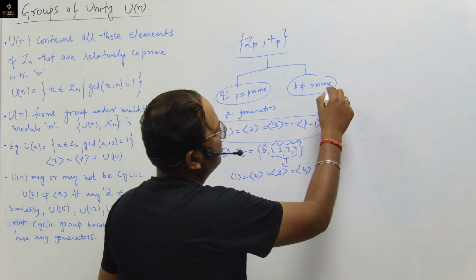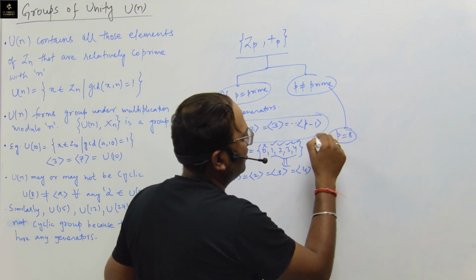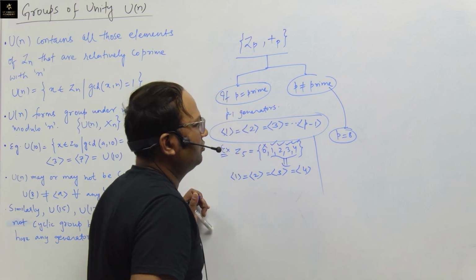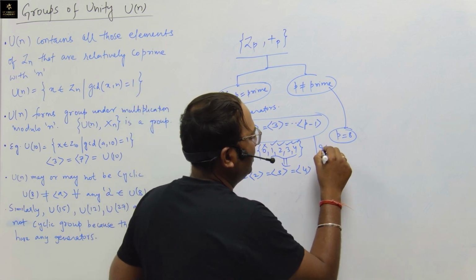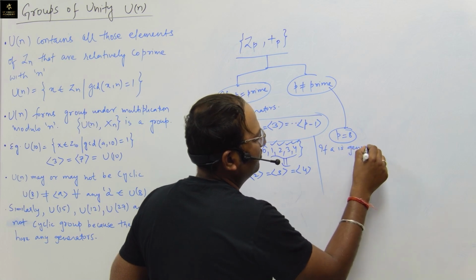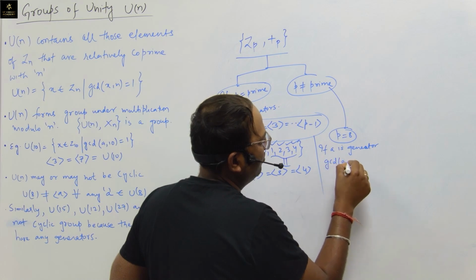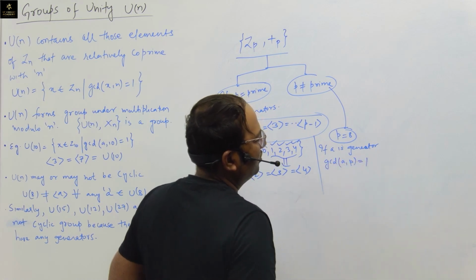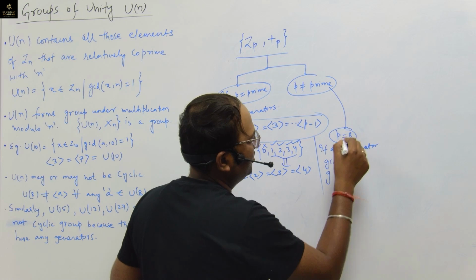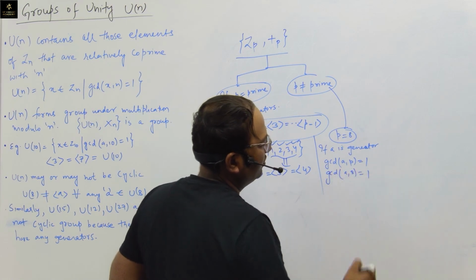Now in case p is not prime, let us suppose p is equal to 8. So 8 is not prime. If a is the generator, then we have GCD of a comma p is equal to 1. Let us take p equal to 8, so we have GCD of a comma 8 is equal to 1.